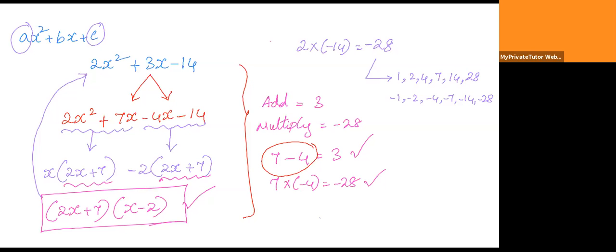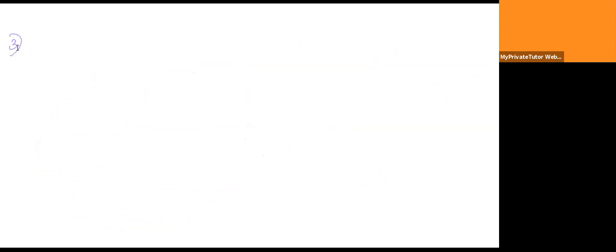Here is a question: 9x square minus 5x minus 10. So please tell me what is the first step? Here the value of a is more than 1.